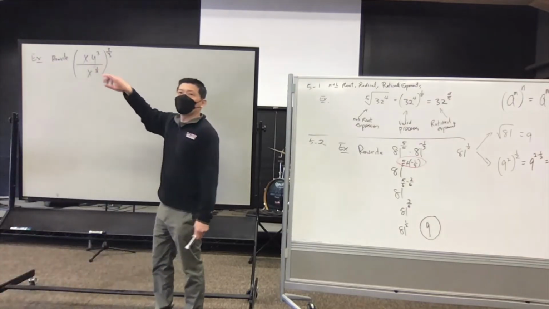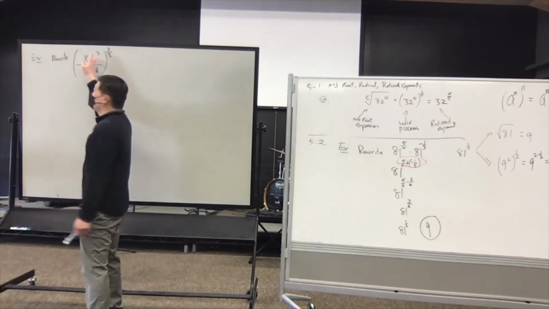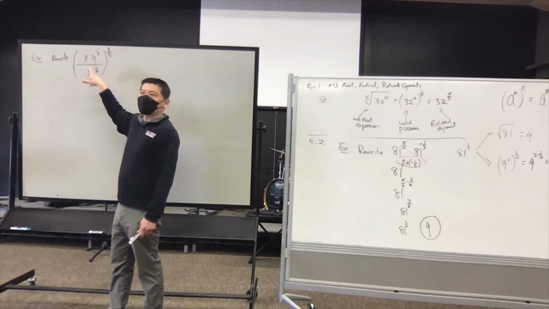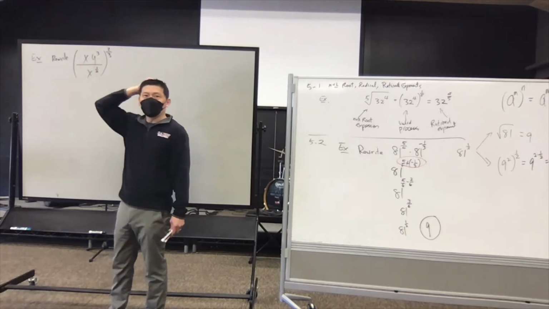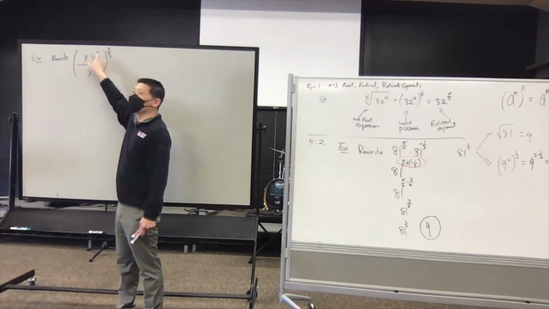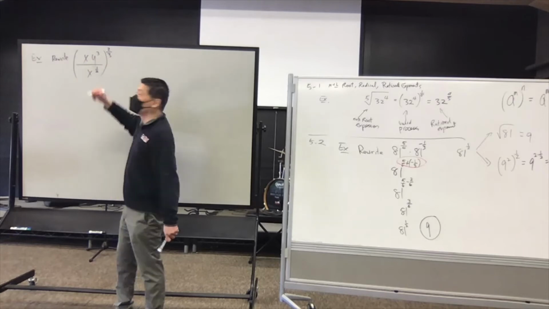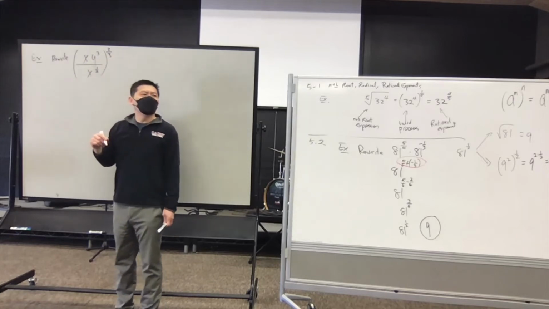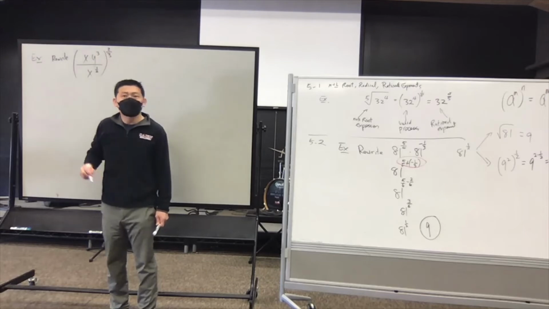Here's what's interesting, because some of you get a little confused when these things are all clustered together. You have to ask yourself what that really means. It means that when you have an x and a y with different exponents, number one, even though it's not notated, it's actually multiplication.